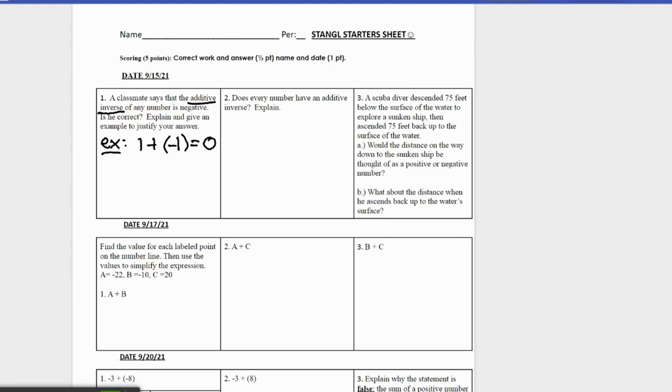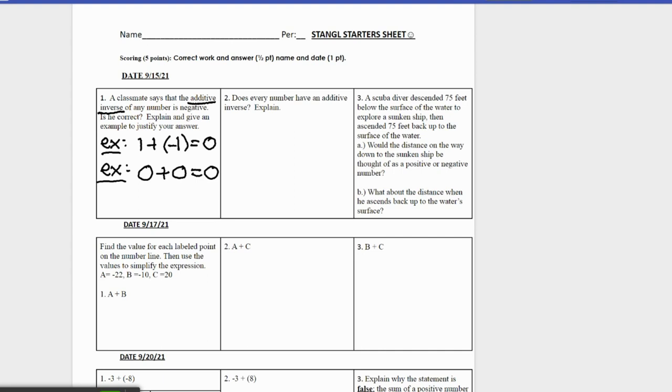So the number 1 has an additive inverse. 1's additive inverse is -1. But if I give you another example, like 0 plus its, doesn't have an opposite, is equal to 0, then not every single number has an additive inverse.